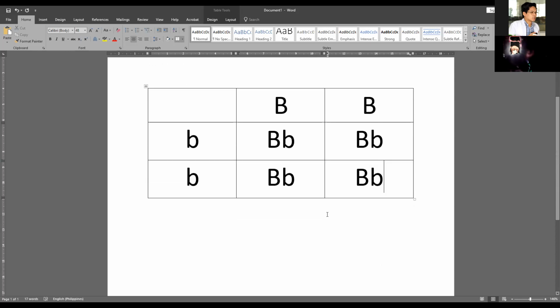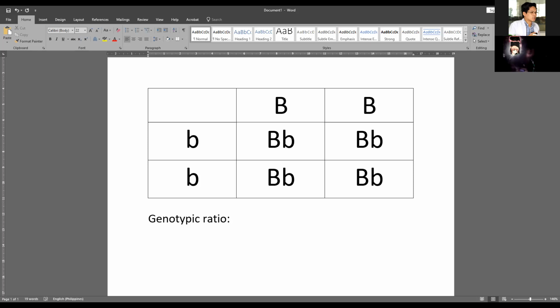Correct? Are you still with me? Are you following? Yes, sir. So let's make it bigger, the genotype. What are their genotypes or genotypic ratio? Let's make it a ratio for you to really understand.